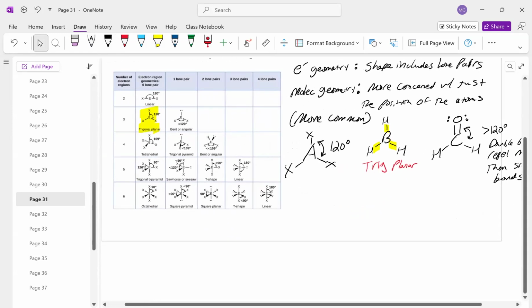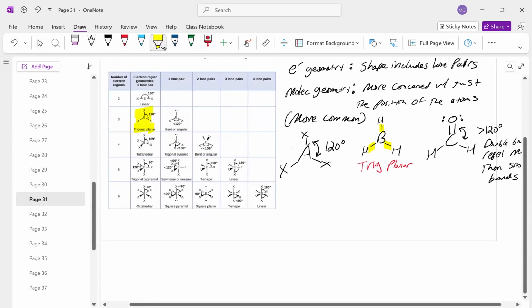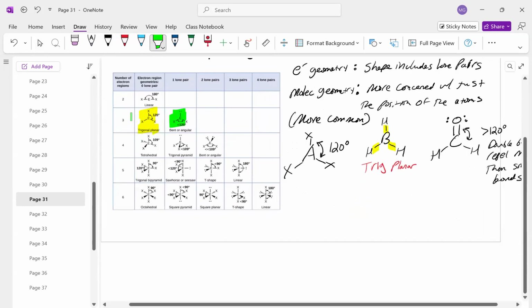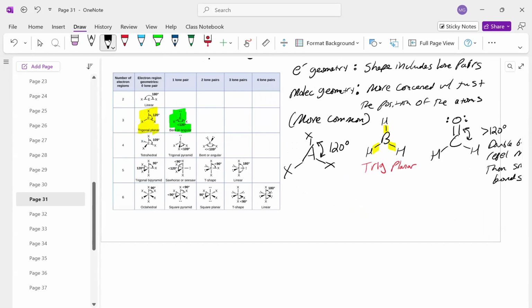Now, if there is a lone pair present, then the shape, or at least the name of the shape, changes. So we have two groups of atoms and a lone pair. Lone pairs repel more than bonds. And so what happens here is this bond angle here is greater than 120 degrees.